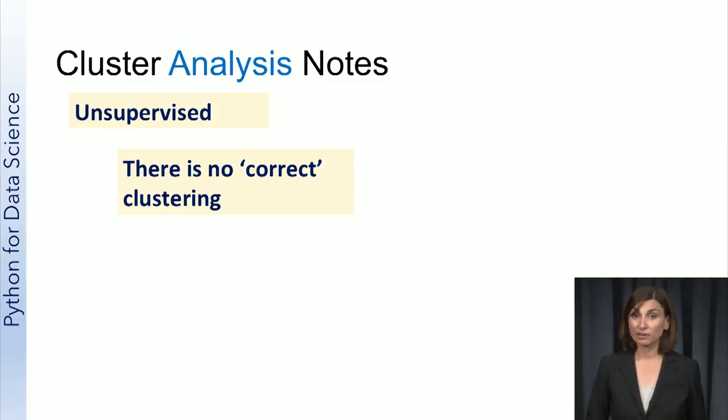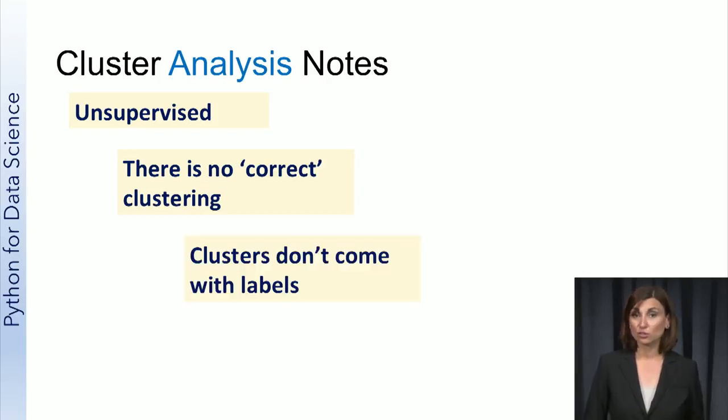There are numerical measures to compare two different clusters, but since there are no labels to determine whether a sample has been correctly clustered, there is no ground truth to determine if a set of clustering results are truly correct or incorrect. Clusters don't come with labels. You may end up with 5 different clusters at the end of the cluster analysis process, but you don't know what each cluster represents.